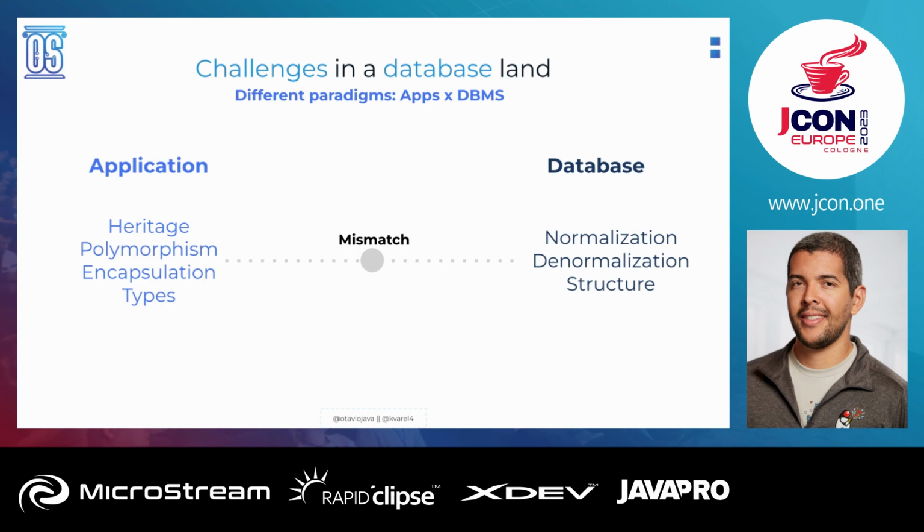And that is the idea, right? So right now here, I only talk about relational databases. So if you take a look here, in my application with Java, I have inheritance, I have polymorphism, I have encapsulation, I have different types that are able to handle that, where my database has no idea.